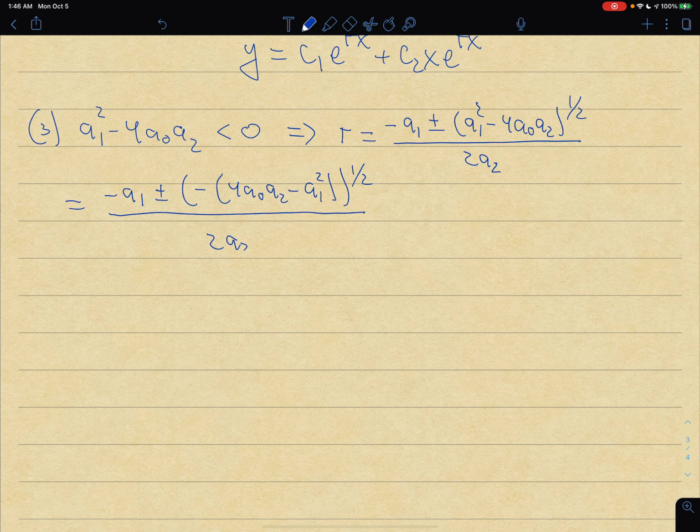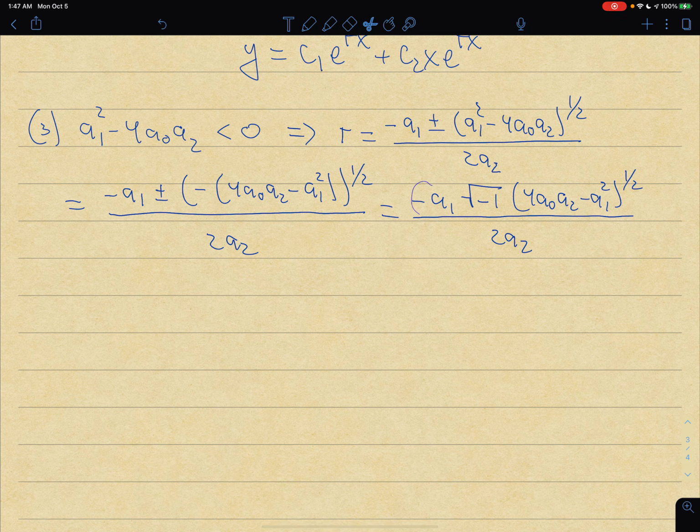And this is divided by 2a2. And if I have a product inside the square root, I can distribute the square root between the terms of the product. So this is minus a1, then square root of minus 1, and then square root of 4a0 a2 minus a1 squared. I'll write square root as 1/2 power, times 2a2.